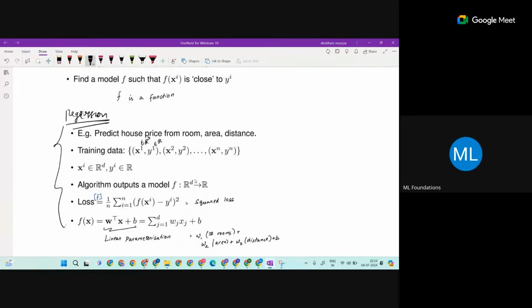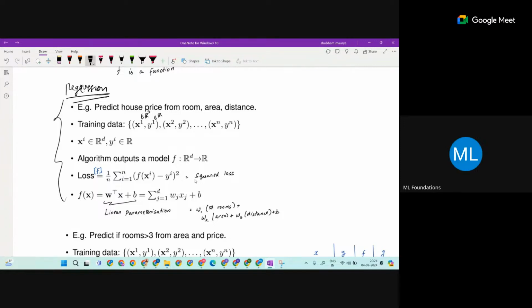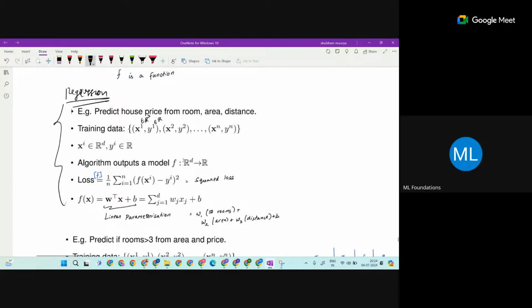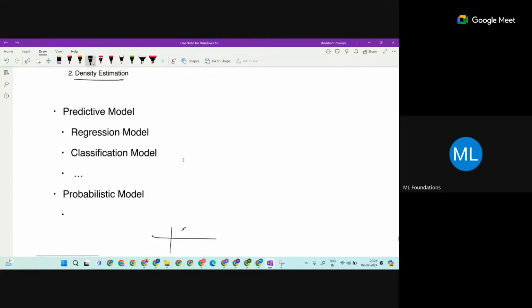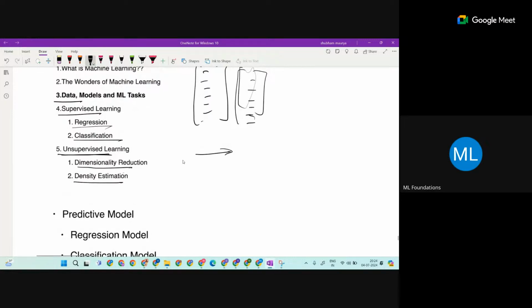The output of regression will always be real valued. Regression is supervised learning. Regression and classification are the two supervised learning tasks. Dimensionality reduction and density estimation are unsupervised learning.